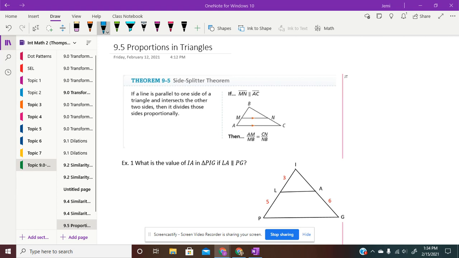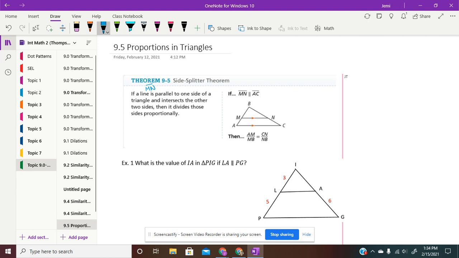If a line is parallel to one side of a triangle, okay, so the line that they're talking about right here is MN, and intersects the other two sides, then it divides those sides proportionally, okay?